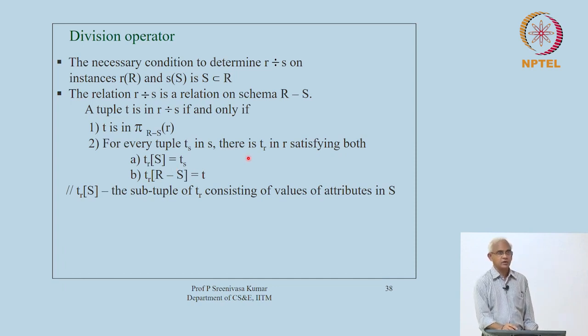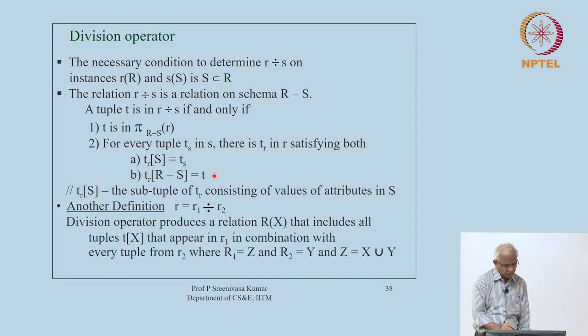Basically, we can also restate it in this way, maybe it will help us understand the definition. Have a look at it here. The division operator produces a relation Rx. Here I am slightly renaming the schemas.